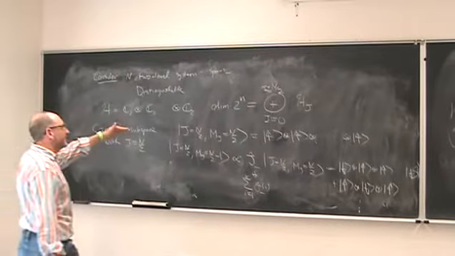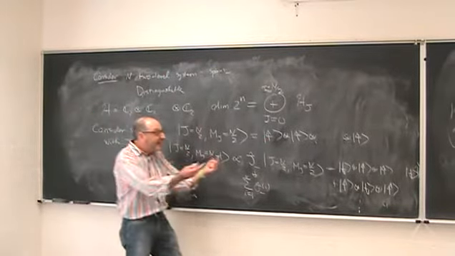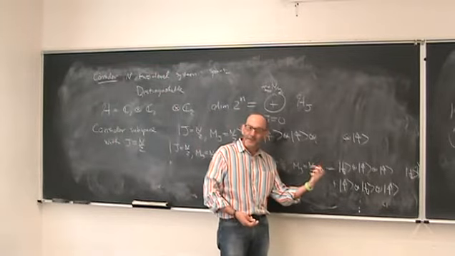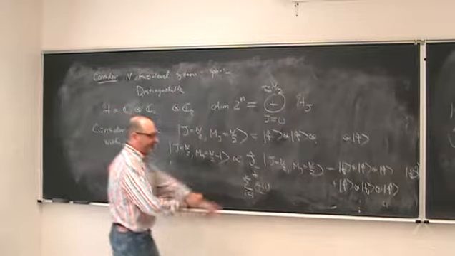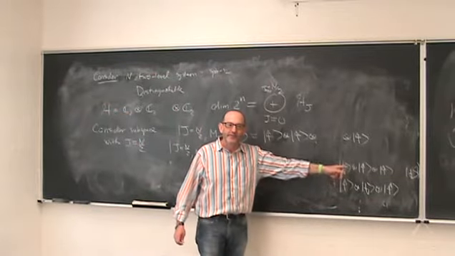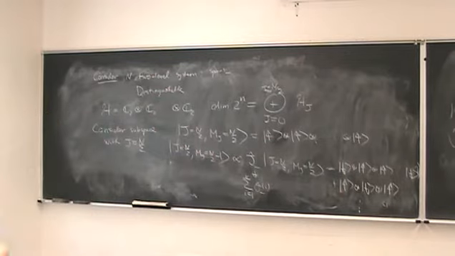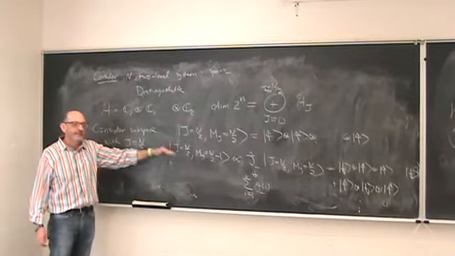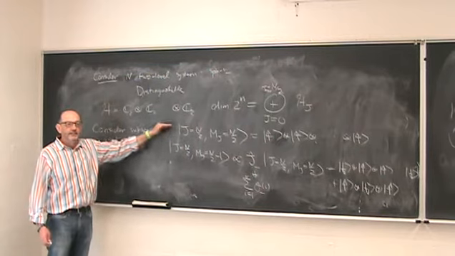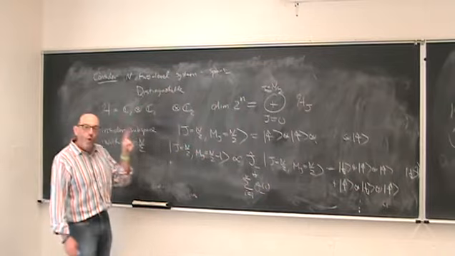So every state in this space, notice, is symmetric with respect to exchange of any two spins. This state is obviously symmetric with respect to exchange of any two spins, and that would be true for the next one. And how many different such states are there, the orthogonal ones? n plus 1.